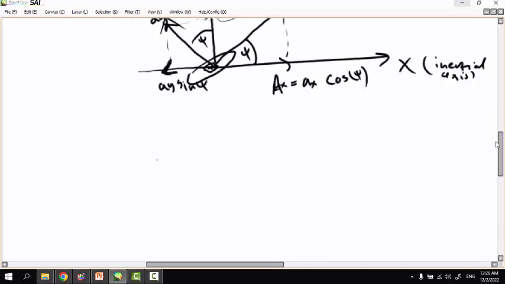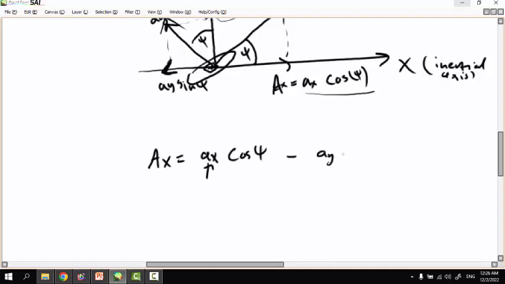So ax inertial will be equal to ax cosine psi, where ax is the acceleration in the body axis measured directly from the accelerometer, minus ay sine psi, because of the opposite direction.